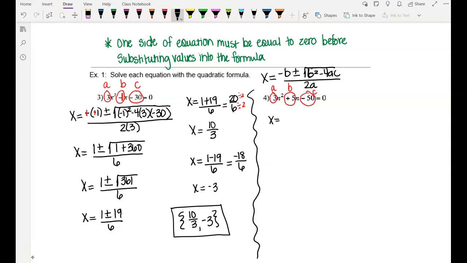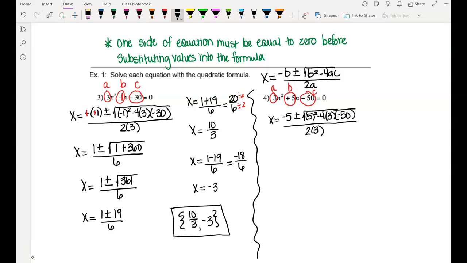So x equals negative 5 plus or minus the square root of 5 squared minus 4 times 3 times negative 50, all divided by 2 times 3.